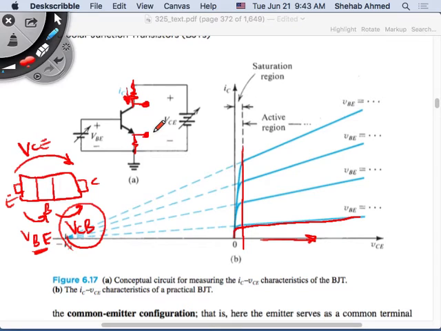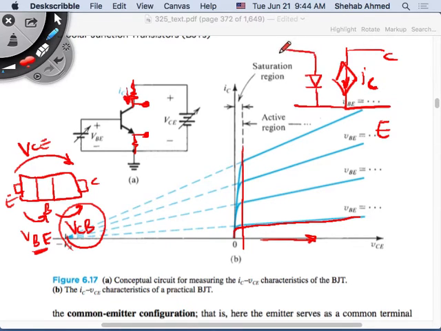So far, we had a voltage input, and we had a current source output between the collector and the emitter. This was my current source output IC between the collector and the emitter, and this was my base-emitter. Here, the value of IC is not changing regardless of VBE.